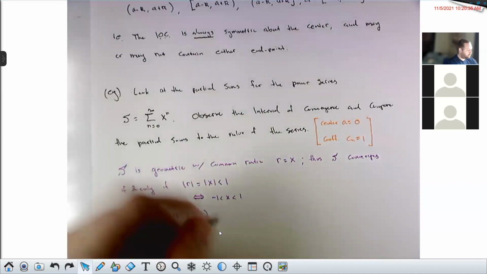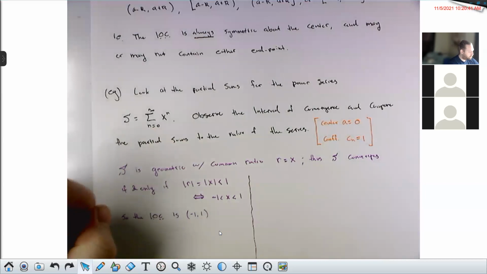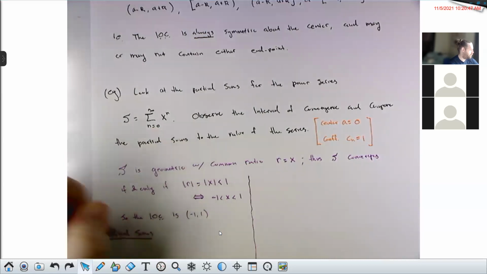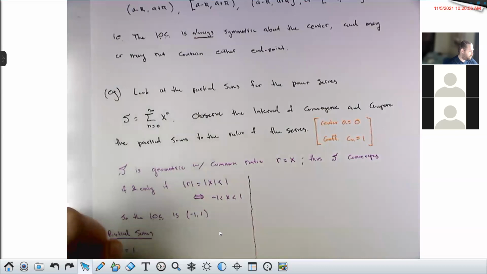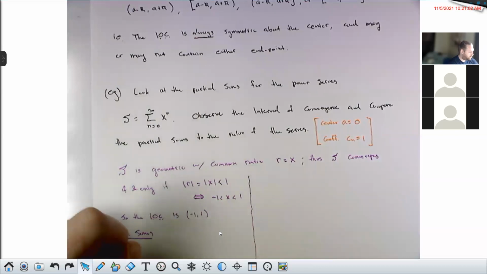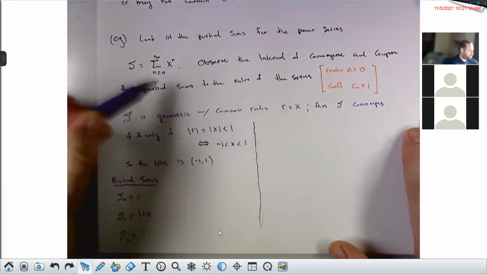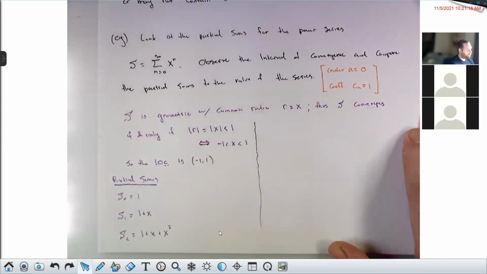What are my partial sums? Well, I'll start with s sub 0. That's the sum from 0 to 0 of x to the n, which is just 1. S sub 1, that's the sum out to 1, so that would be 1 plus x. S sub 2, it's the sum from n equals 0 to 2 of x to the n, that's 1 plus x plus x squared.